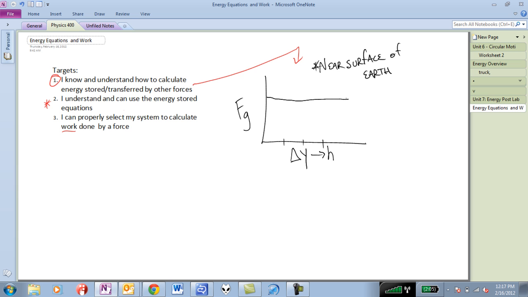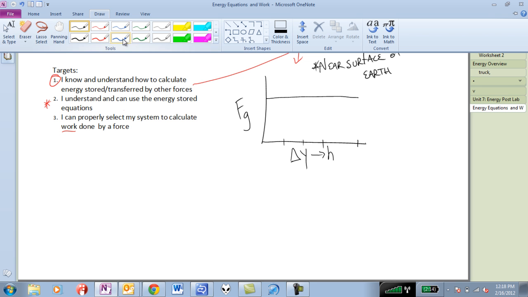Should I redraw that? Yeah, all right, fine. So let's try that again. Nice horizontal line like this. And what we learned yesterday, the area of this graph is the energy transferred or stored by that force. So what we can do here is be clever with our colors and try a new color.